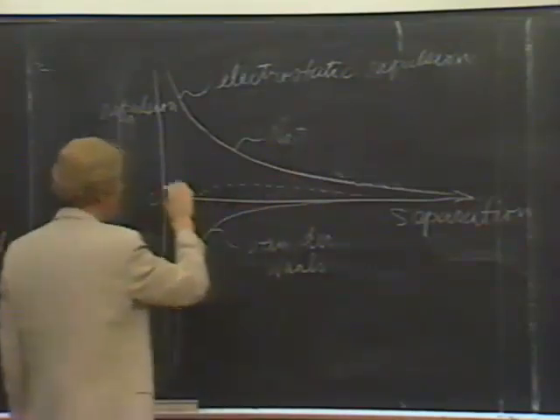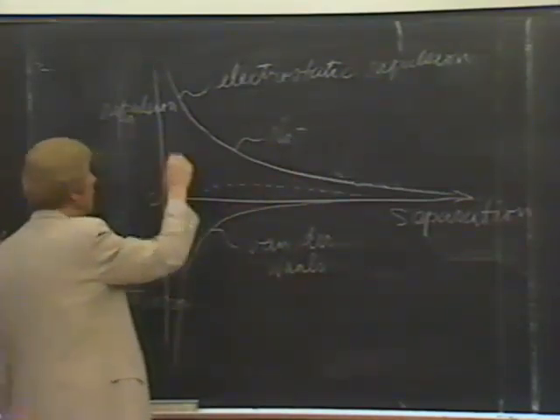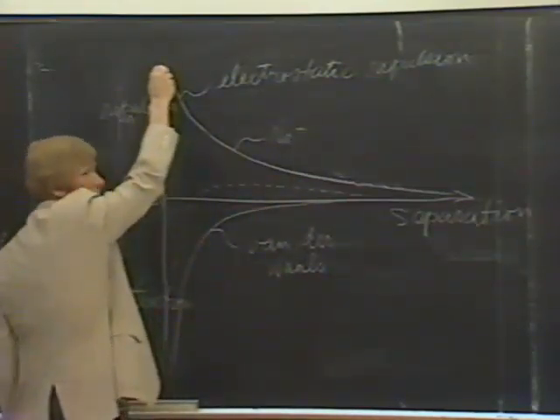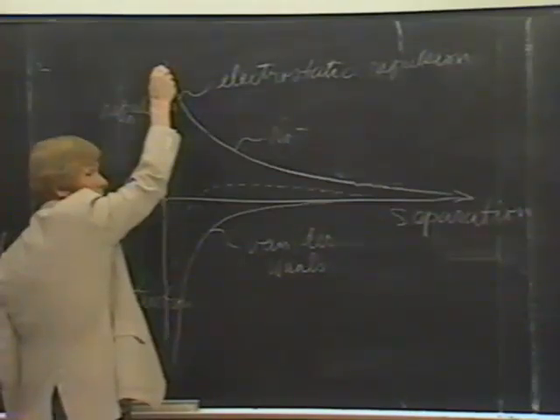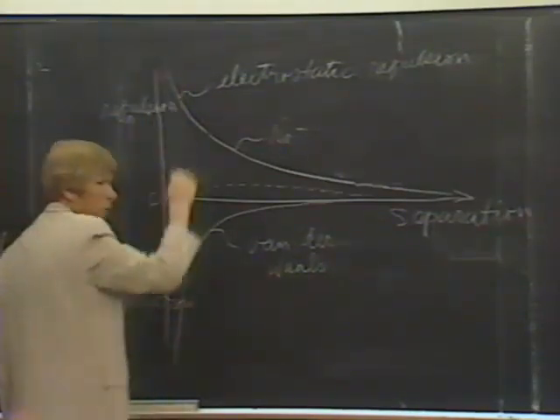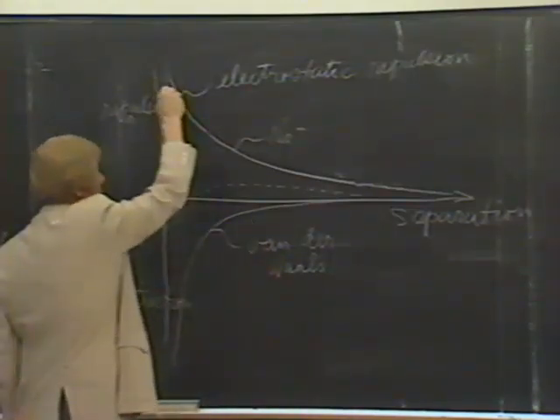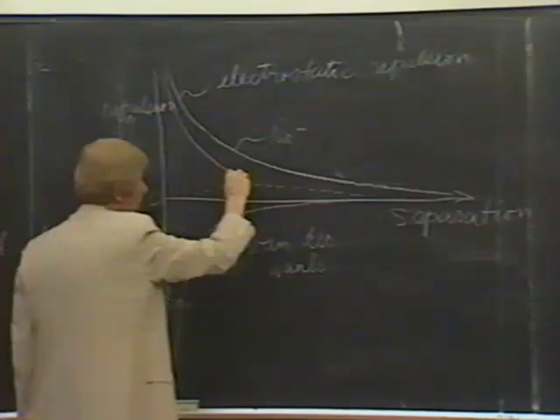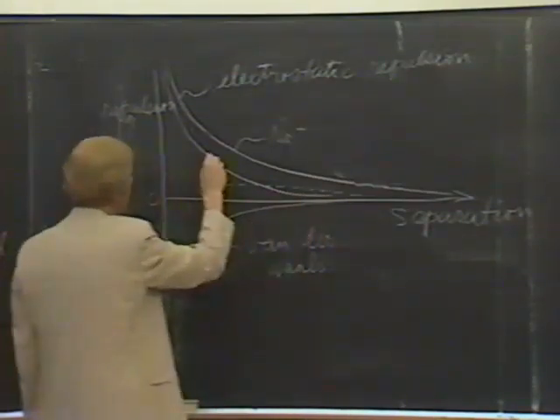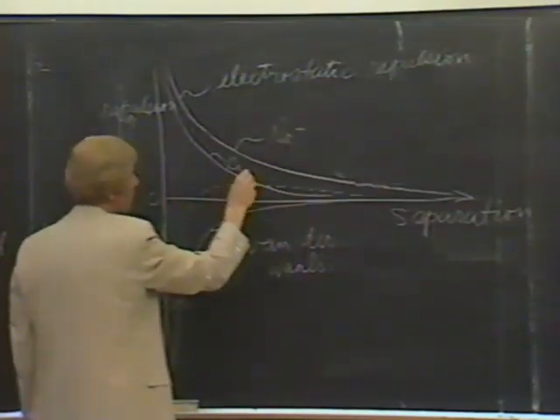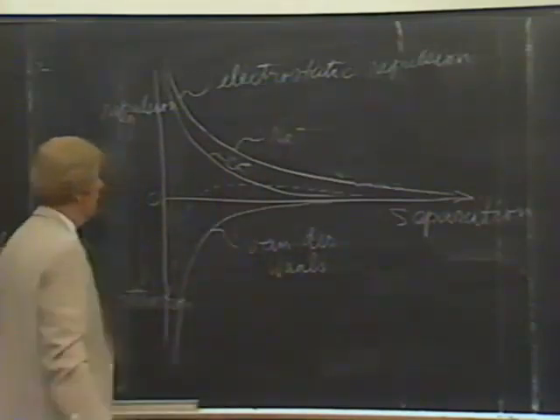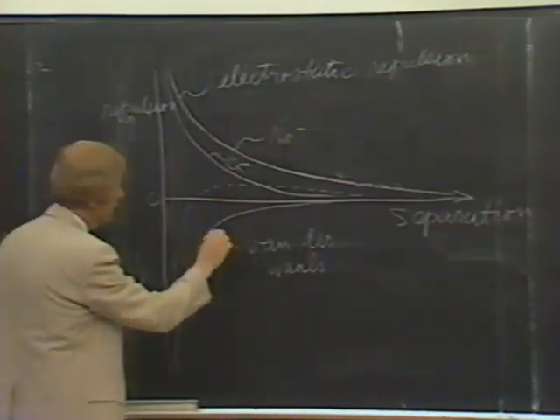Now the sum of these, well, the way I have it, I didn't quite make it attractive enough, did I? Better do that better. Something like this. The sum of these now is attractive.